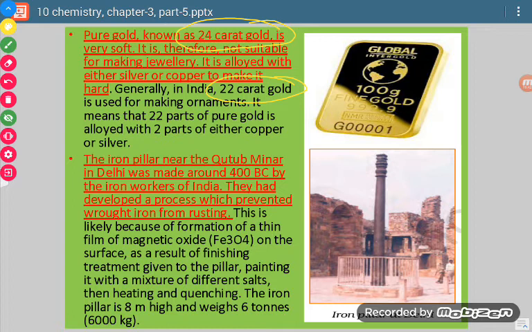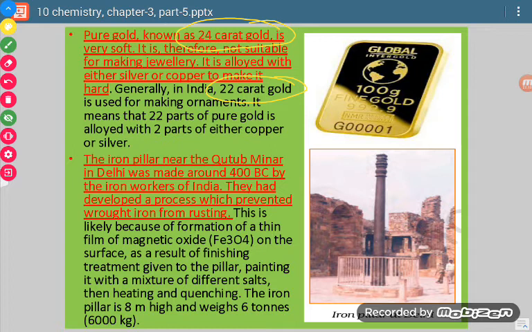In case I take 20 parts of pure gold and 4 parts of another substance like copper or silver are mixed, then that will become 20 karat gold. If I take 23 parts of pure gold and only 1 part of copper or silver, then it becomes 23 karat gold. So mostly we use 22 karat gold.